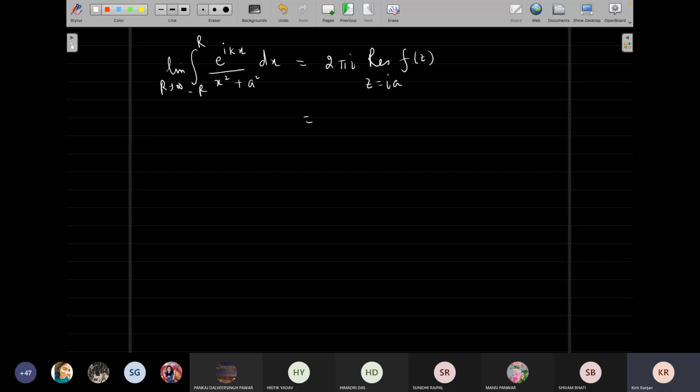Got it? Yes. What's the residue? Pi e to the power minus Ka by A. e raised to power minus Ka by A. Not 2iA. Okay, let me just write down the full 2Ai. Okay. So can somebody else also confirm it?